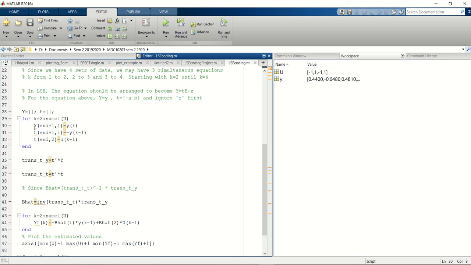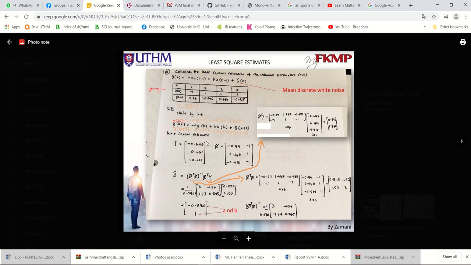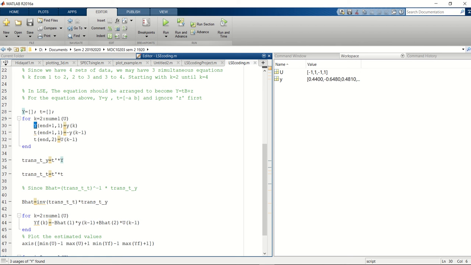Okay, and then for the matrix of y from here, for this matrix of y, the k is 2, so we take this value, right? This and this. Okay, so in our Matlab, you can see here I put it first.